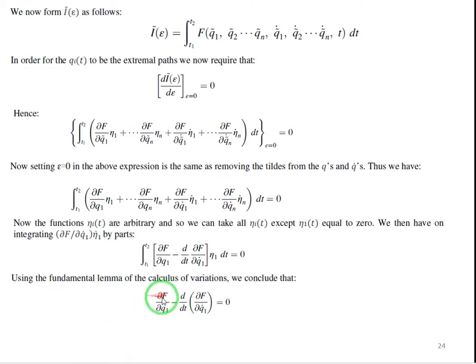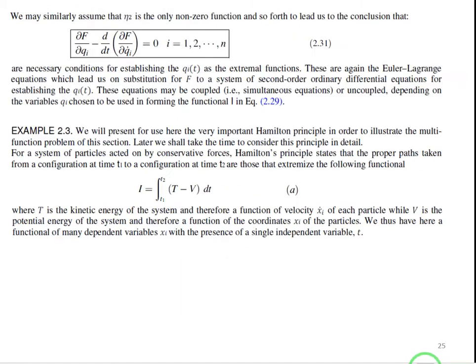We can rewrite the same equation for q2, q3, and so on. Or in other words, we can say that partial derivative of f with respect to qi minus d over dt of partial derivative of f with respect to q dot i is 0 for i from 1 to n.